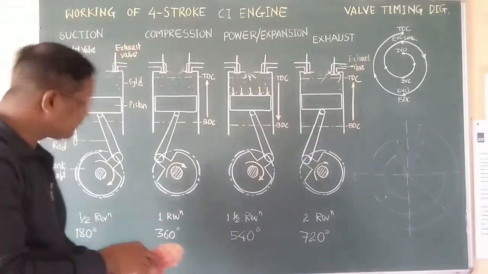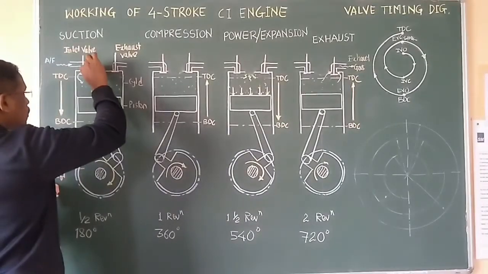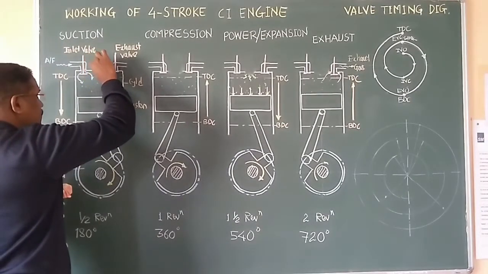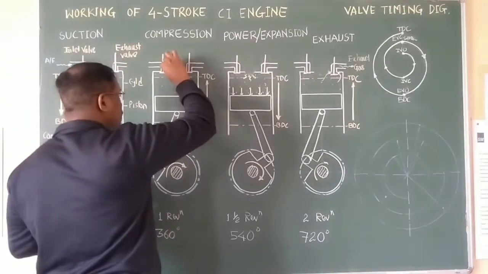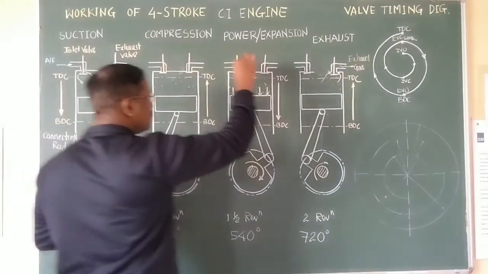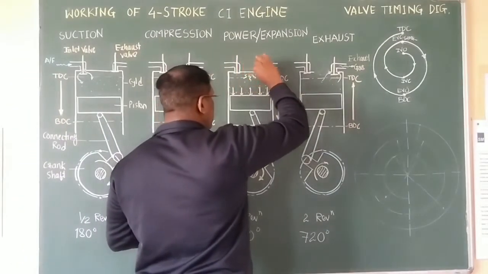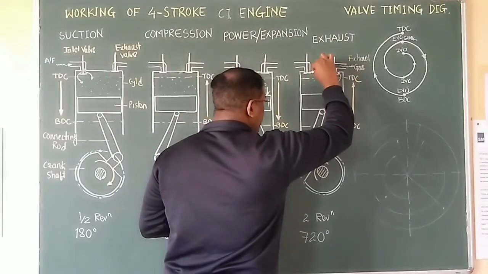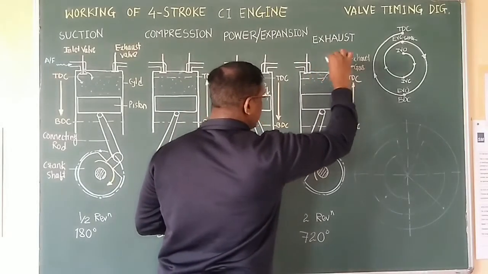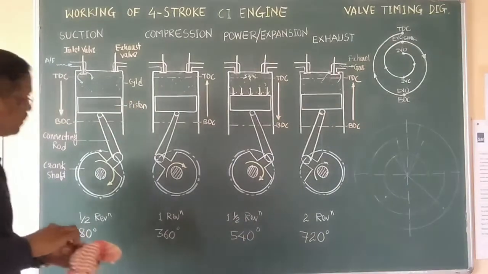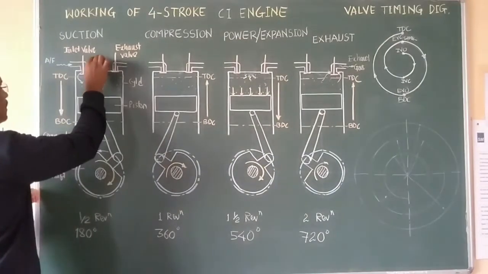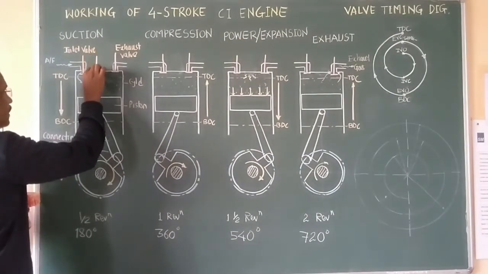So we have to draw a simple diagram for the fuel injector, because the remaining work is almost the same. So we are putting the fuel injector here. Draw such a diagram.